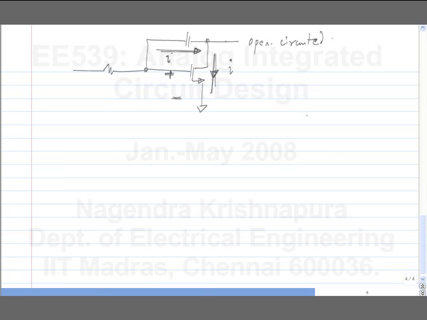So what is this? I by Gm. So if I by Gm happens to be very small, then I will approximate it to 0. That's what is happening, right? So if the transconductance of the transistor is very large, then you need very small incremental voltage at the gate source to get any increment in the drain current. So the incremental gate source voltage is very small, and it can be assumed to be a virtual ground.